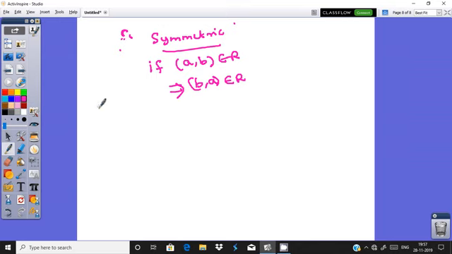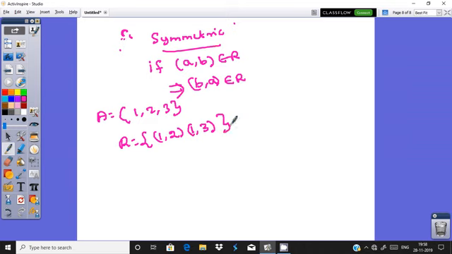Let us assume that I have a set {1, 2, 3} and a relation R equal to (1, 2) and (1, 3). But I cannot say that this is a symmetric relation.